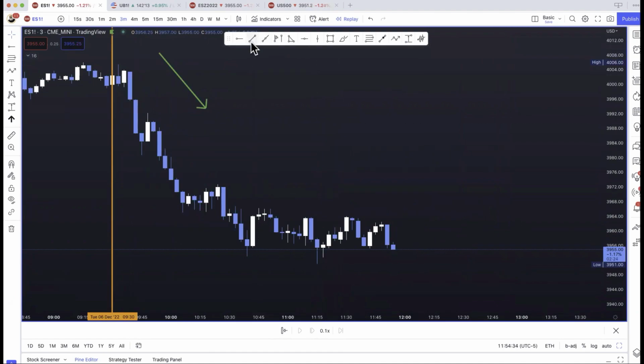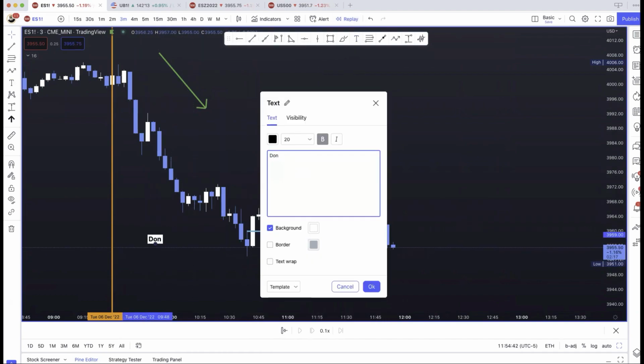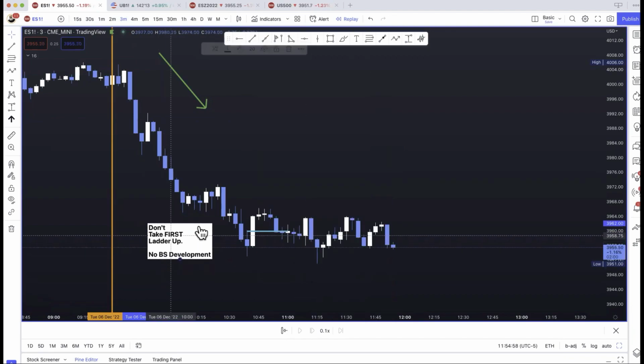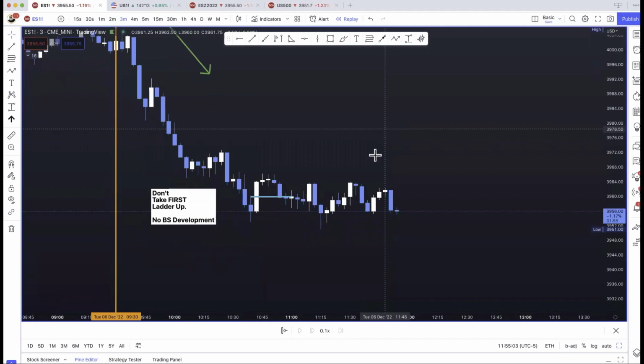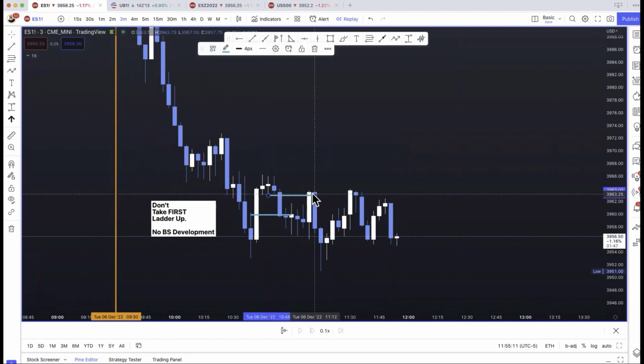So official 3-minute end of the day charts. I'm going to mark it, but I'm going to also add the note. Don't take first ladder up. And the other note could easily be no backside development. You also have this.